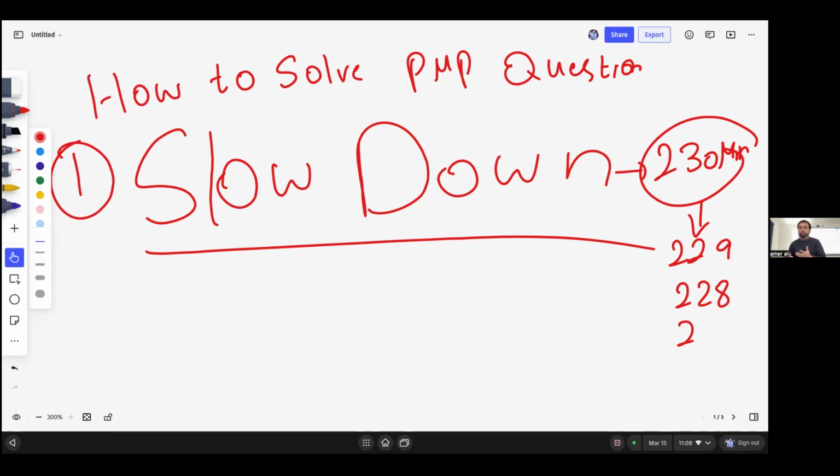Otherwise, you will move quickly. The most important step is to slow down. And this is a practice. You cannot slow down just one day. You need to do it continuously. Otherwise, in the exam, you will move fast. So number one is slow down.